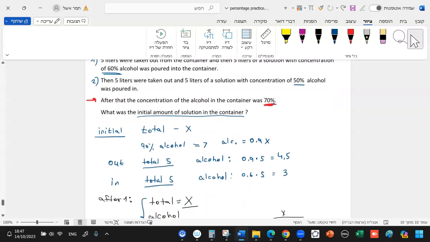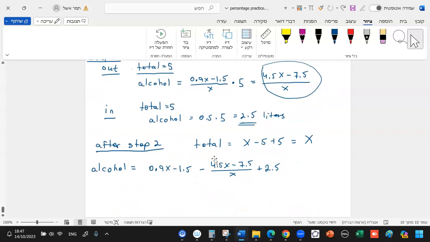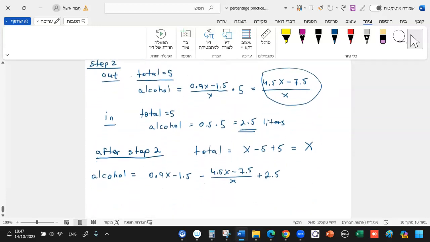Let's put this in the equation. So after step 2, the question tells us that the amount of alcohol was 70% of the total. 70% of x is just 0.7x.